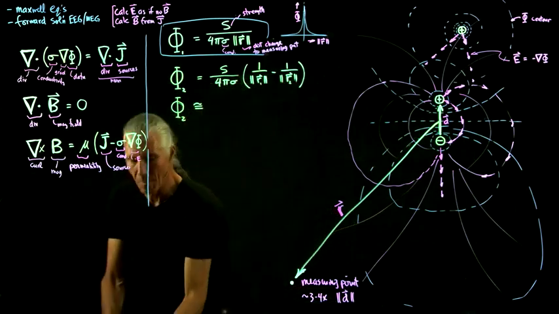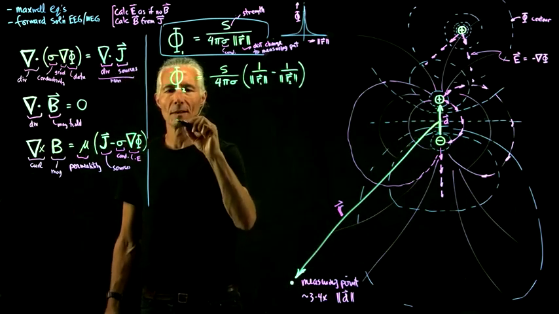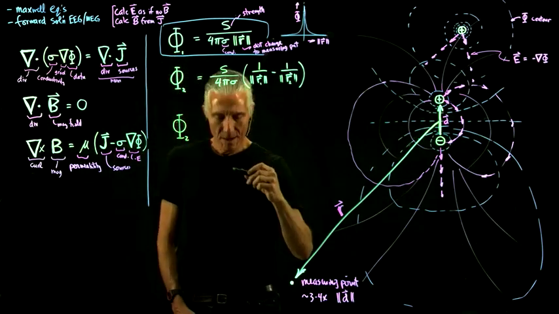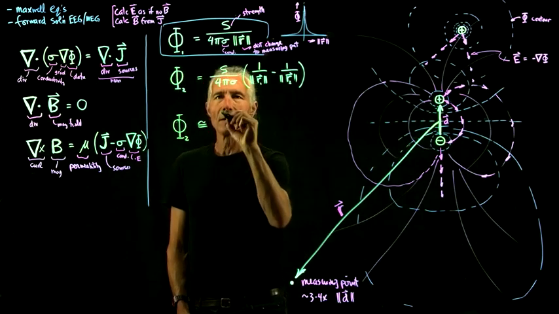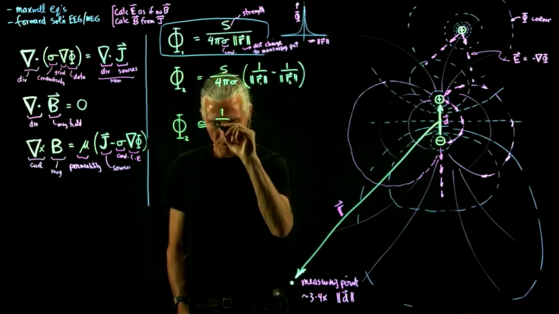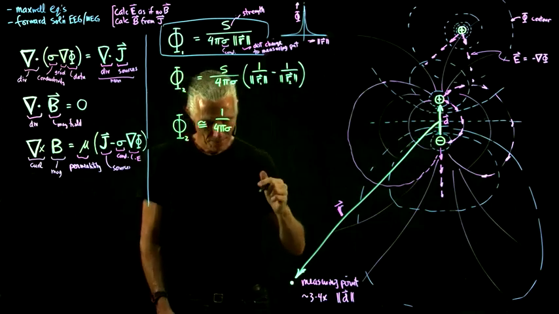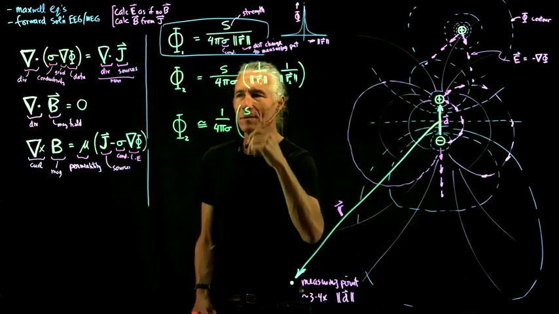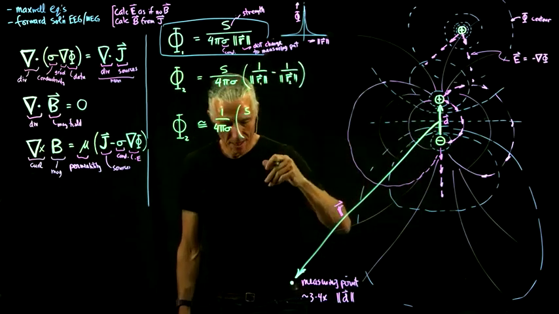So let me move that down a little bit so I can write on top of it. Okay. So this is going to be approximately equal to 1 over 4 pi times the conductivity. And then the strength of the charges, now we'll just assume they're both the same but opposite sign.